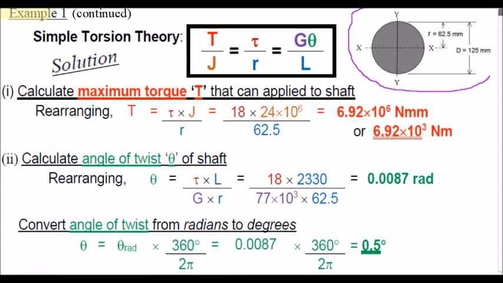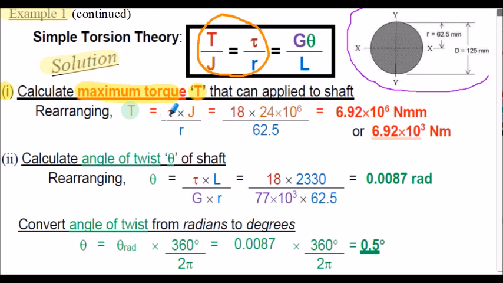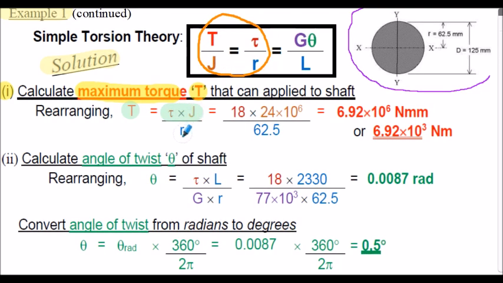Example 1, solution continued. So part 1, as I've labelled it here, let's calculate the maximum torque. So from the above simple torsion equation, I'm using these two parts. And I simply transpose for torque capital T, multiply both sides by J in this case. So torque is tau multiplied by J divided by R, is the rearrangement.